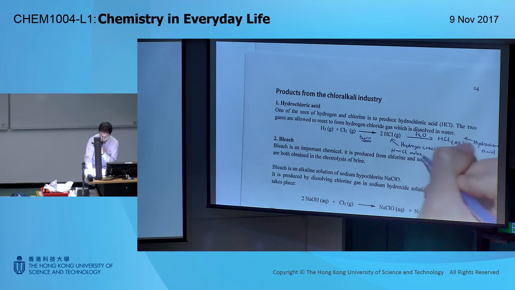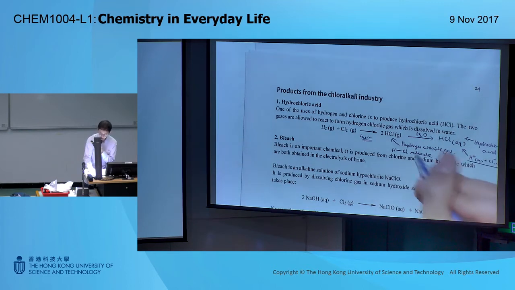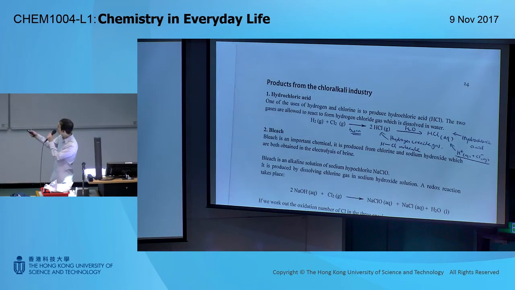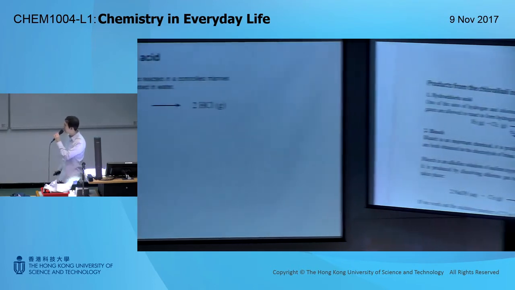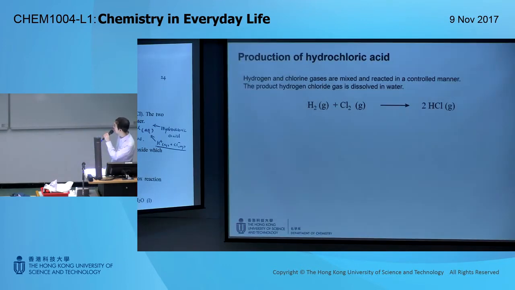But when it is in aqueous solution, this is H+ and Cl-, dissociation, right? So this is the acid, this is the hydrogen chloride. The name is different. Okay, so we burn the gases together in a controlled manner to produce hydrogen chloride and dissolve this in water to form hydrochloric acid. Okay, so hydrochloric acid came from salt, from the electrolysis of salt.